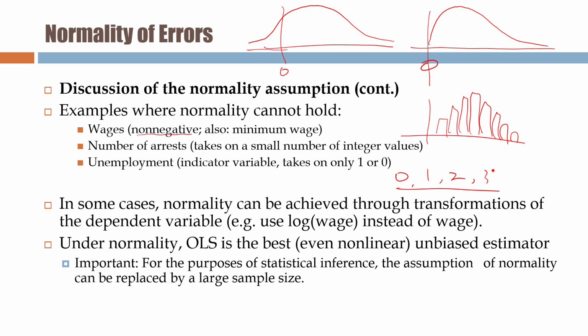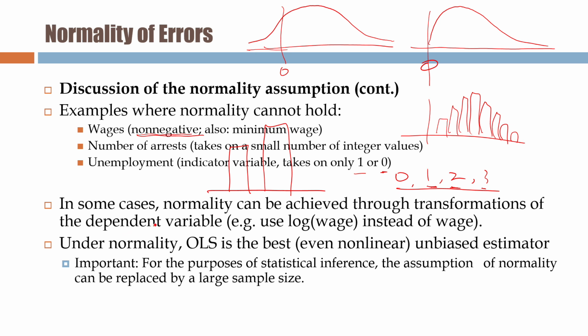And again, you cannot have a negative number of arrests either. So the same non-negativity problem here, and this one has just a small number of integer values. And unemployment is 0 or 1. The outcome is only 0 or 1, right? How can it be a normal distribution form? Impossible.